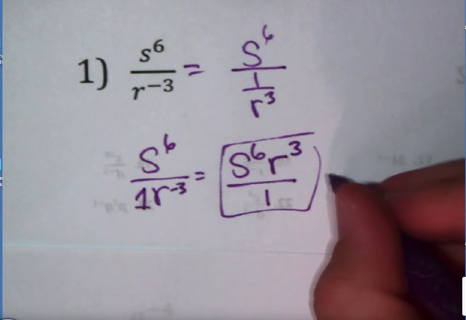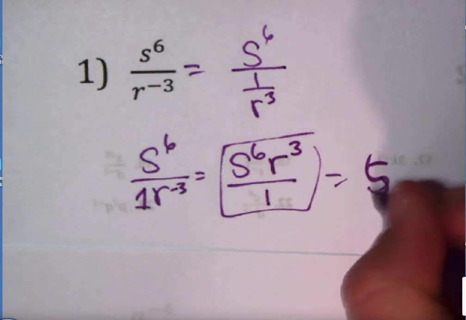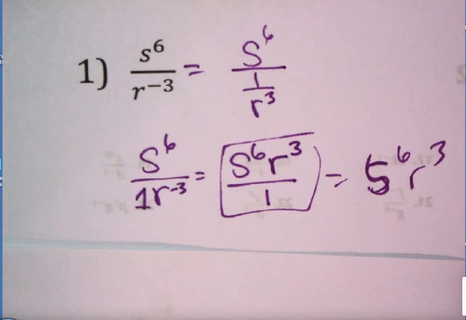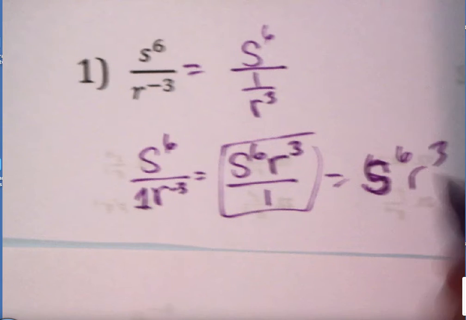That one stays where it is, and if you want, you just say s to the 6th r to the 3rd.